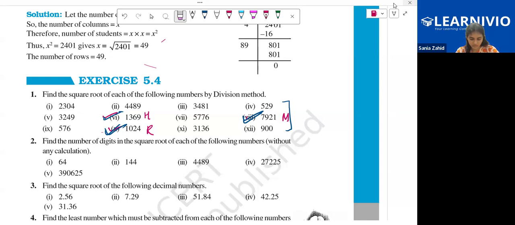Done, ma'am. Ma'am, if we get the perfect number and we didn't subtract, do we just have to write 0?